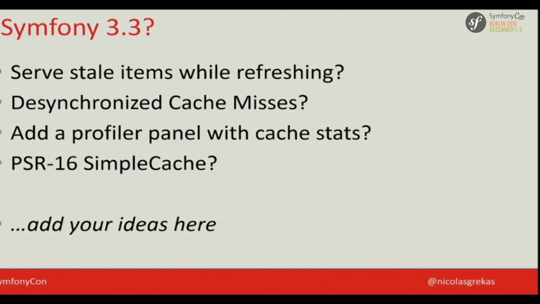Almost done. So, what's next? In Symfony 3.3, we're thinking about a way to serve stale items while refreshing the cache, so that you never end up in a situation where your front-end server is regenerating the cache, because it means one of your users is experiencing a slowdown, waiting for the cache to be regenerated.